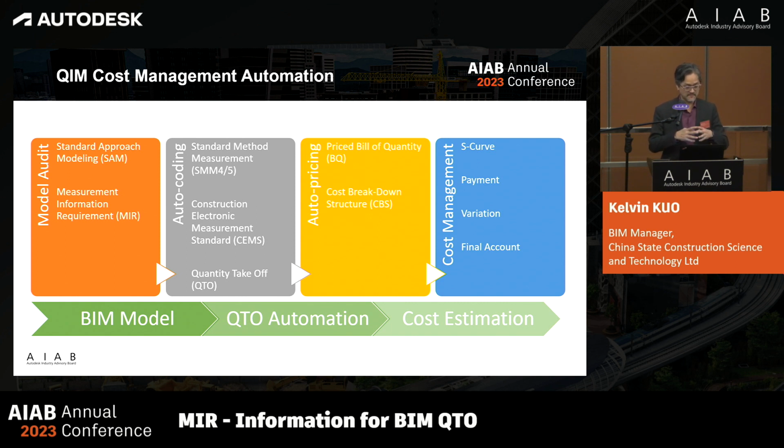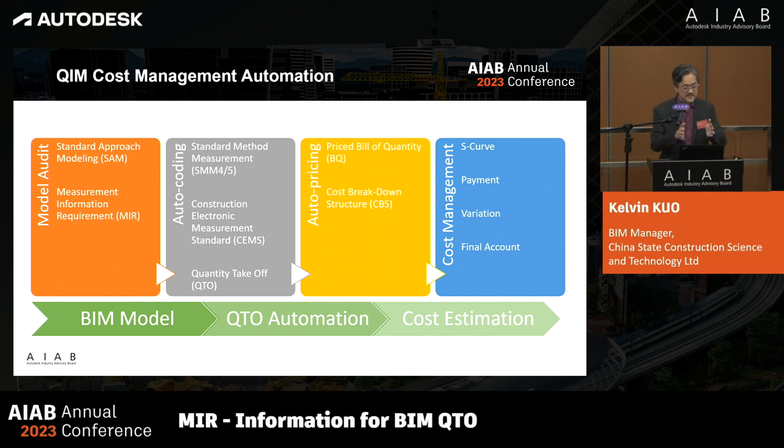We have a model approach so that we can govern or we can verify what kinds of model we need to put into the models. So we have a standard approach of modeling, the SAM, and then we have the measurement information requirement, which is the MIR, and this is for the model auditing, because we need to make sure that the model is accurate so that the information provided is accurate, okay? So we have the model audit approach.